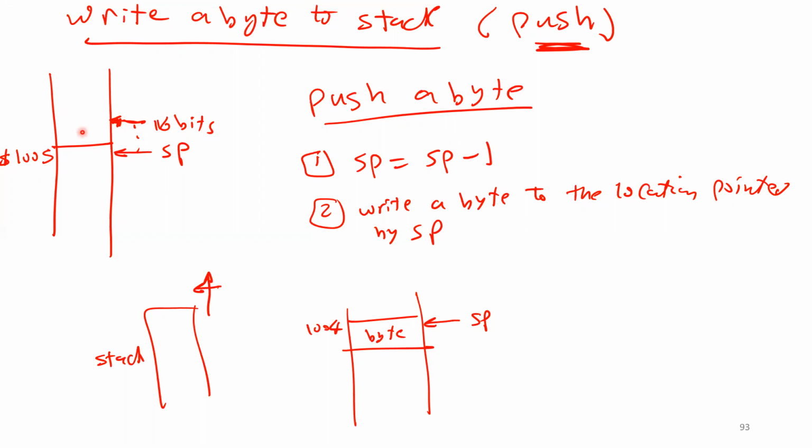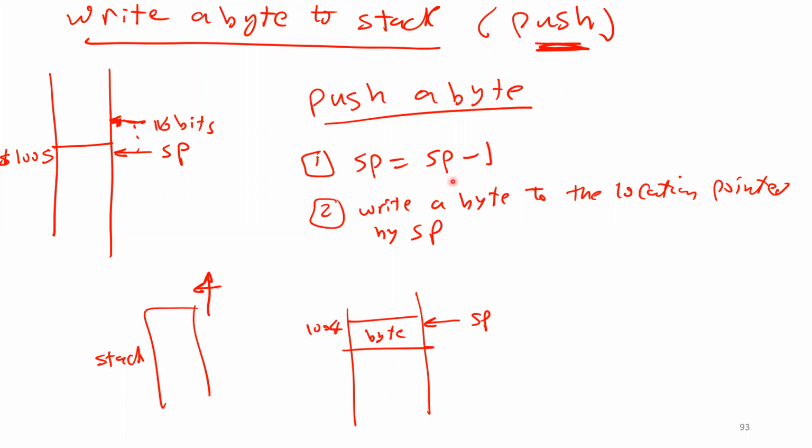And then at the location pointed to by the stack pointer, we write the byte. Okay, guys, this is how it works. Again, I'm very clear: I'm not saying that in order to push you have to write 2 instructions. What I'm saying is we have an instruction, we call it push. I'm explaining how the hardware will do it. All you have to say is push A, push B. So once you say push register A, as you will see right now, when the instruction is executed, 2 things are going to happen.